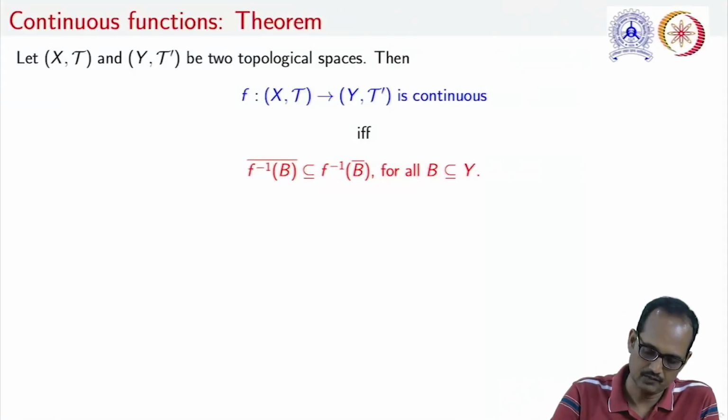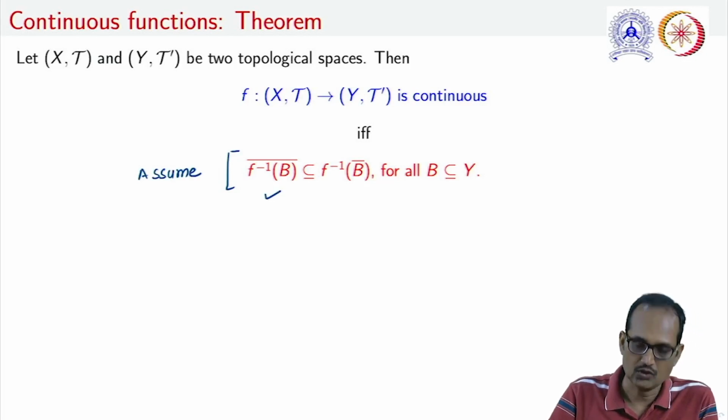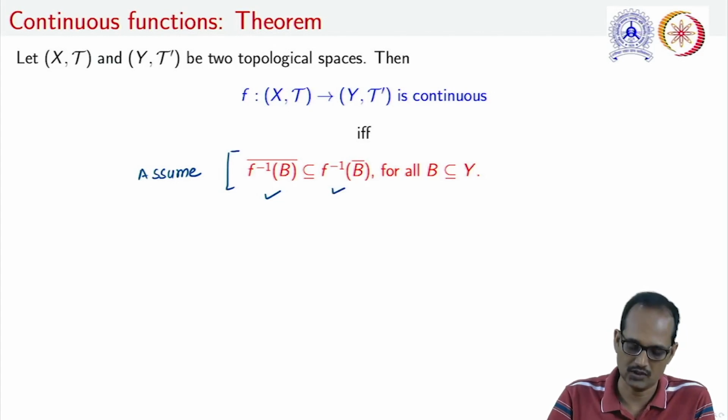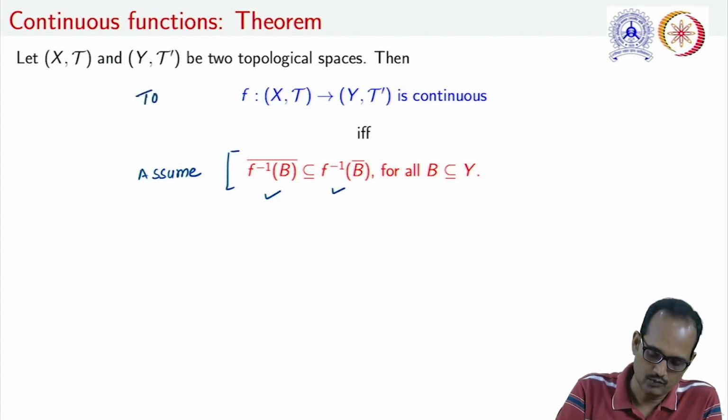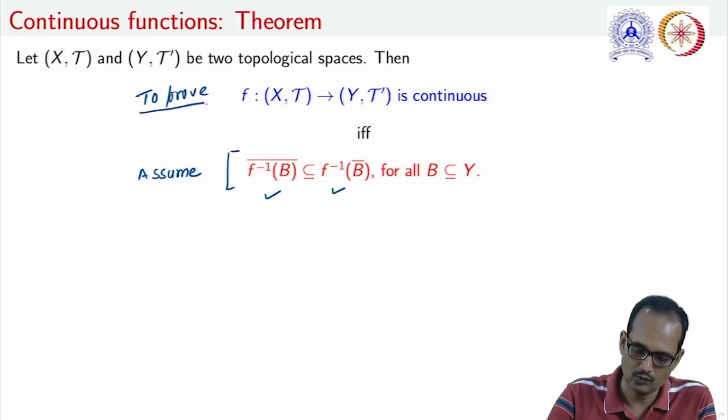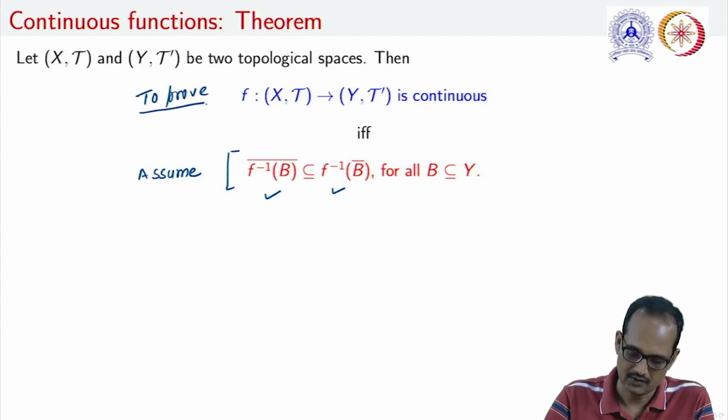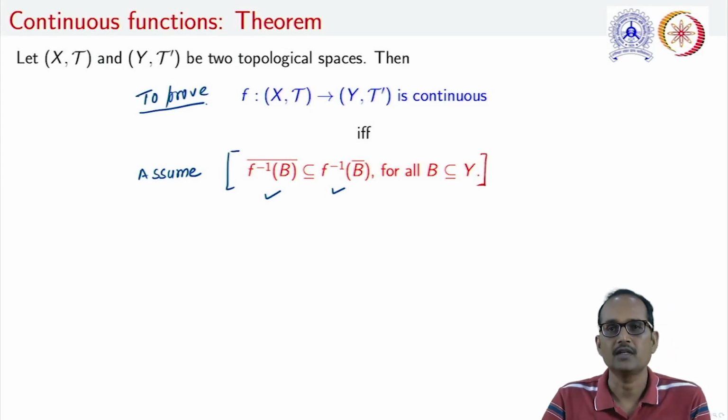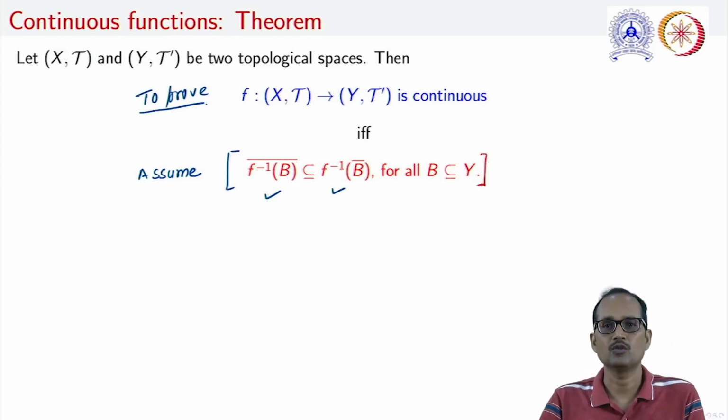Moving ahead, now let us assume that for all B subset of Y, closure of f inverse(B) is a subset of f inverse(closure of B). Then we have to prove that f is continuous. In order to prove that f is continuous, just see the assumption which is given in terms of closure.